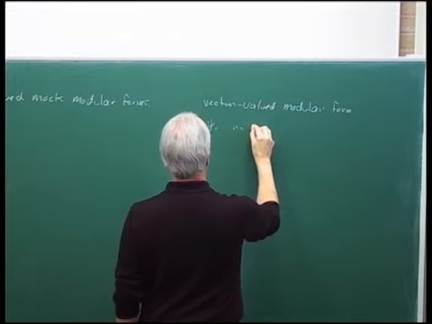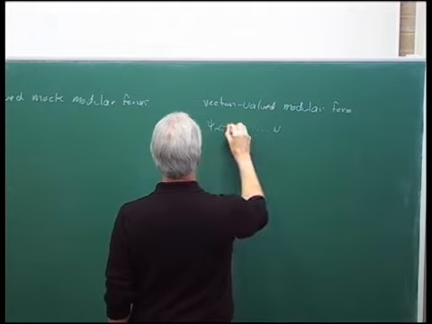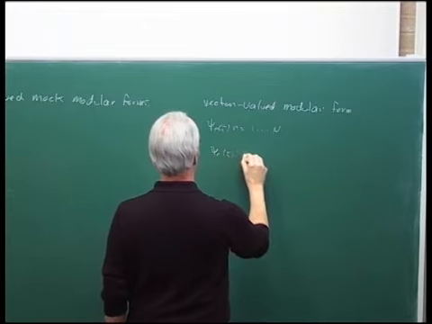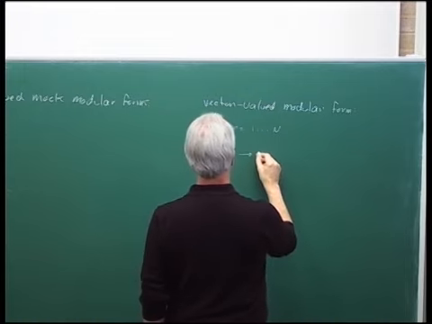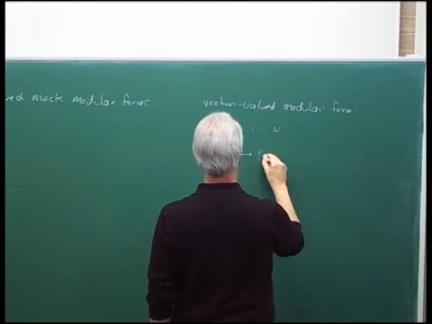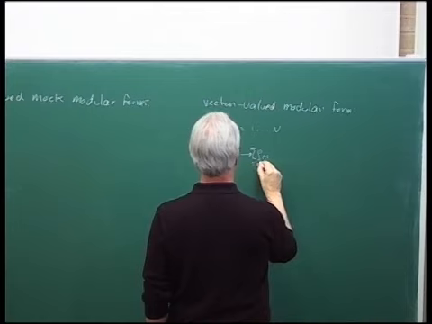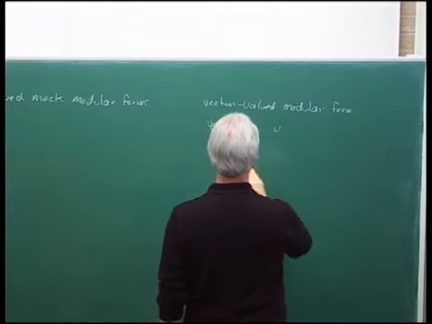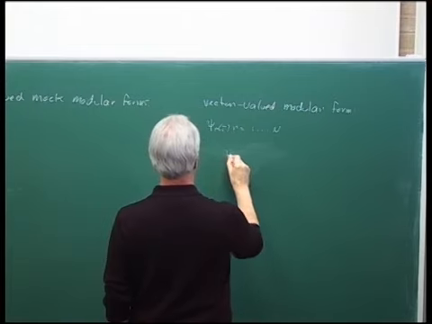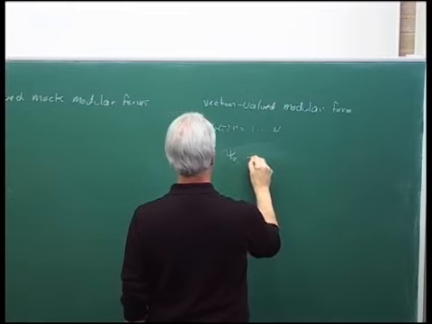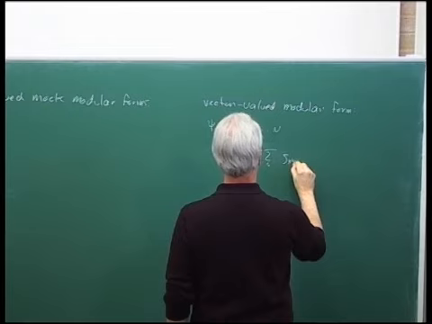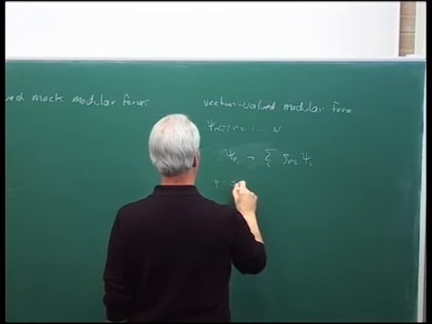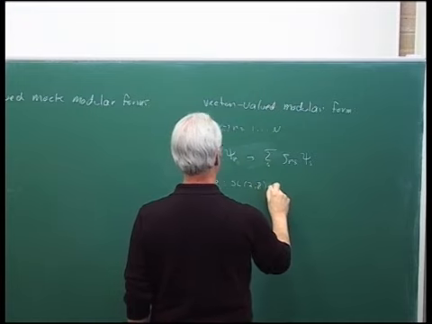Psi r, r equals 1 to n, would be functions of tau that under a modular transformation go to some sum on S, rho rs, psi s, where the rhos are a representation of SL2Z.